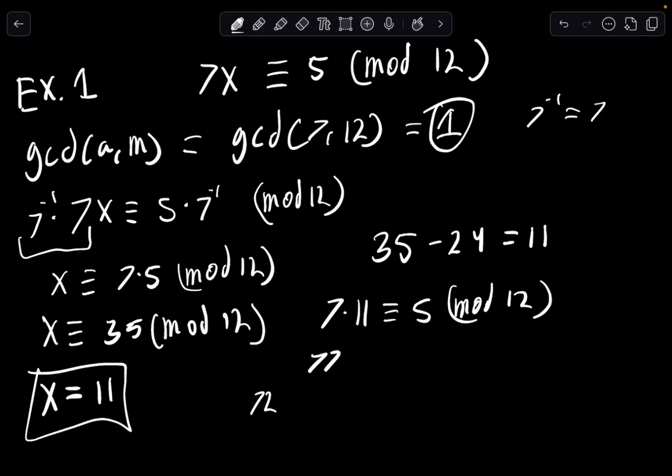I'm just going to give you this answer. This is something that you can look over yourself and check. Just think of finding the closest multiple of 12 to 77. So the closest one is 72. And if we take 77 minus 72, we get 5. So yeah, our answer is correct, and x equals 11 in this case.